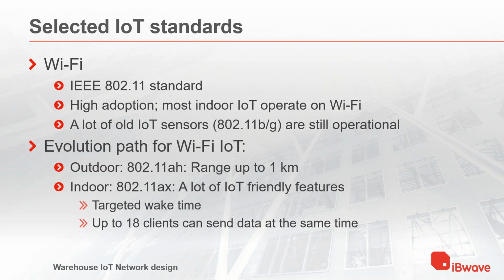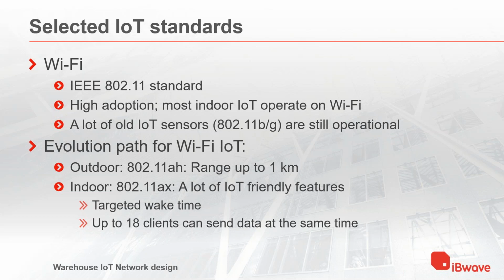802.11ax has been developed with a lot of IoT-friendly features in mind. This is target wake time, which allows battery consumption to be lower and the battery to last longer, and up to 18 clients can send data at the same time, because we can now partition the RF channel into smaller chunks, which allows more users to be served simultaneously.